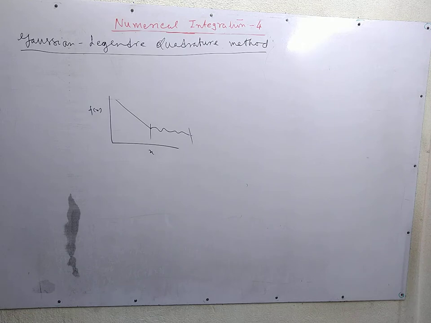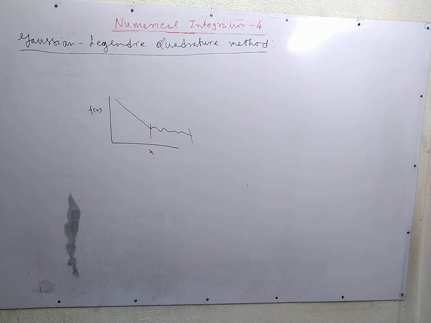Gauss, assuming this, argued that the definite integration between two limits could be evaluated very simply by using a few symmetric points in the interval and evaluating the function itself at those specific symmetric points, multiplied by the appropriate weight factors. And in this way we could get a convergent result.